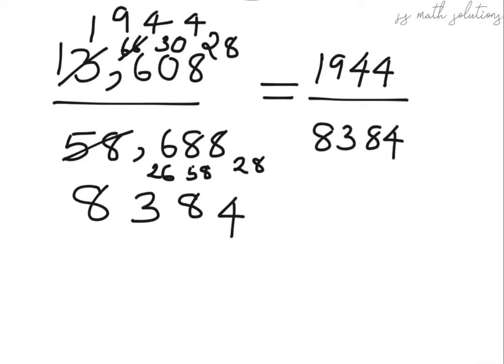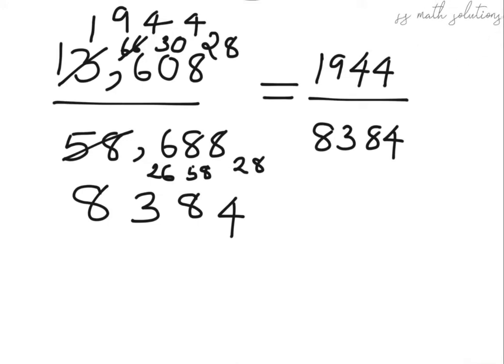So our number is 1,944 divided by 8,384. Now cancelling with 2 is possible because both numerator and denominator are even, so we could cancel directly with 2. But I am trying to cancel with a bigger factor, so I am taking 8. How to cancel 8?